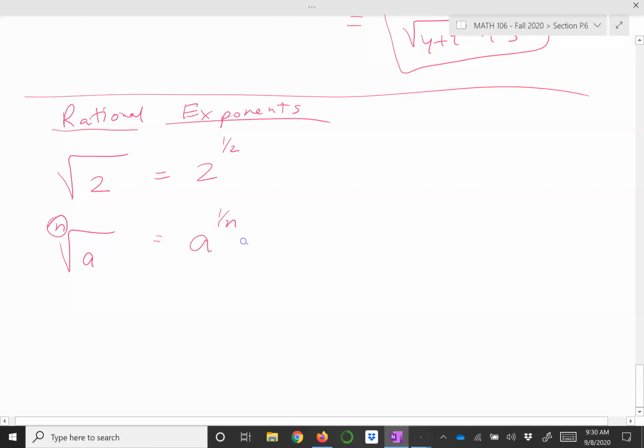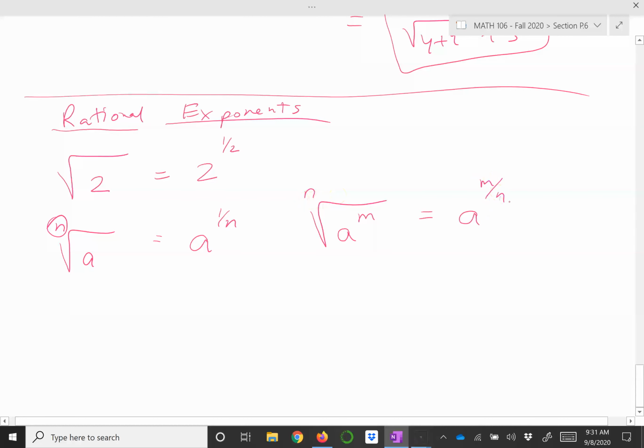Because sometimes you'll have something like this. How about this? The nth root of a to the m. What would that be in exponent form? Yep, the n is always in the denominator, so it's m over n.